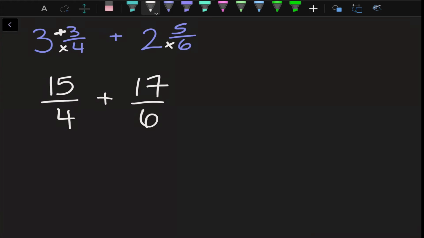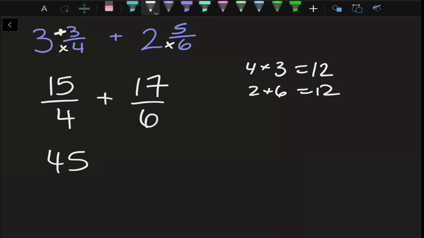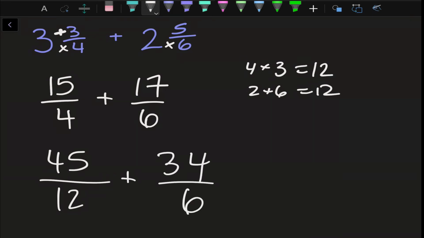Those two are not the same, but we know that 4 times 3 is 12 and 2 times 6 is 12, so we're going to get them both multiplied up to get what we need. So 15 times 3 is 45/12 plus 17 times 2 is 34/12. Oh, not 6, 12. We need 12 down here. 45 and 34 is 79/12.